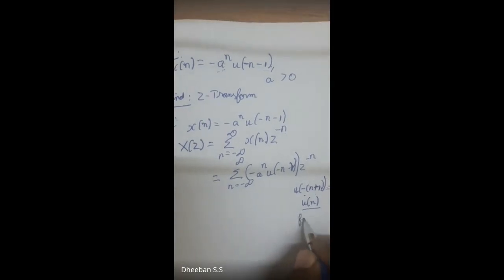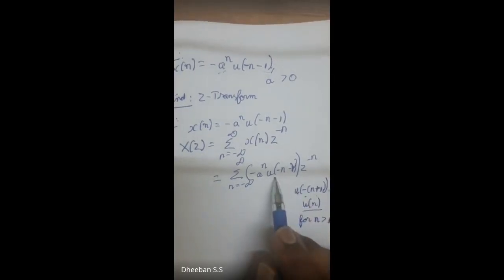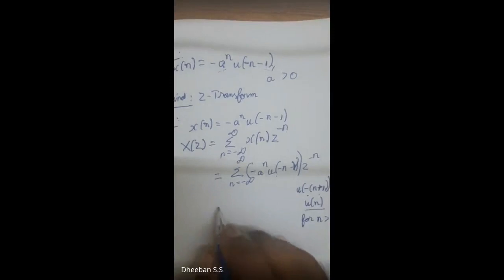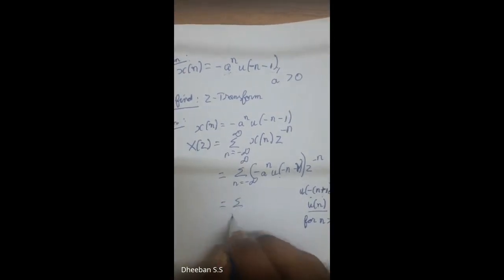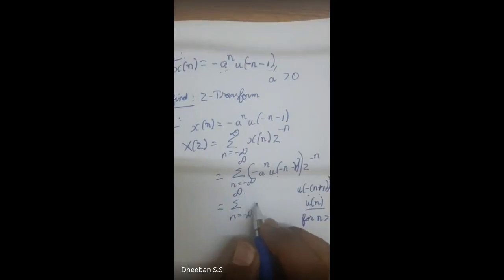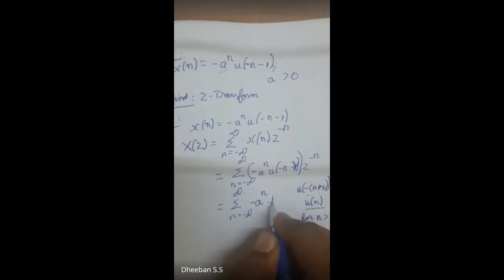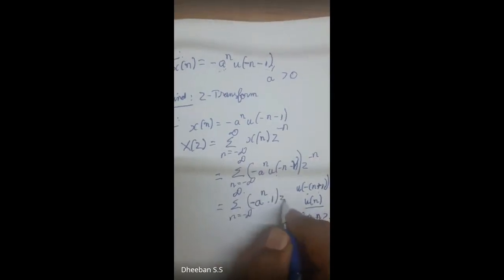For this range it takes the value of 1, so you can consider this to be 1. Recalling, summation n equal to minus infinity to infinity of minus a power n into 1 into z power minus n.